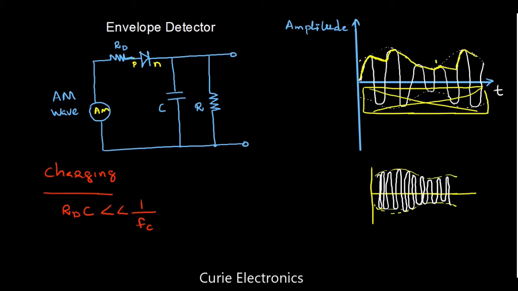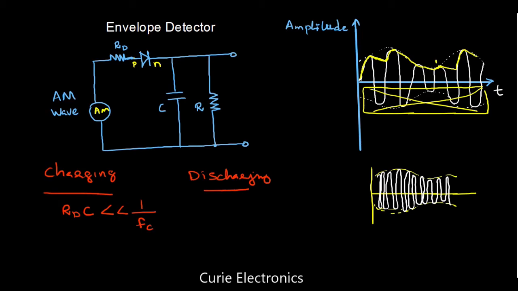And while discharging, if you see here, you will clearly say the discharging time is more. So during discharging, how does the capacitor discharge? When the capacitor discharges, this diode acts like an open circuit.